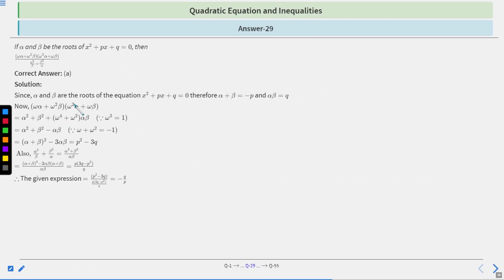Let alpha and beta be roots of the equation x square plus px plus q equal to 0. Alpha plus beta is equal to minus p, and alpha beta is equal to q, as we know that the sum of roots is minus b by a and the product of roots is c by a, right?